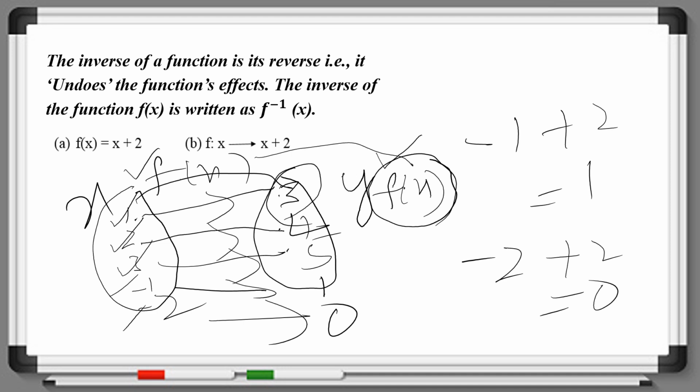Now when we talk about the inverse function, it will be from codomain to domain.